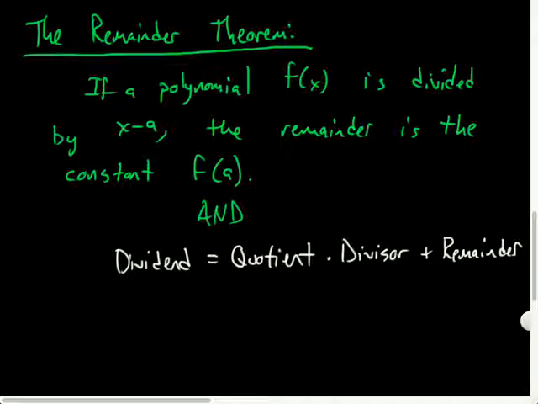Written in function speak, the dividend f of x is equal to the quotient, if we call that function q, times the divisor, the x minus a, plus the remainder. And what was the remainder? Whatever that is, f of a.